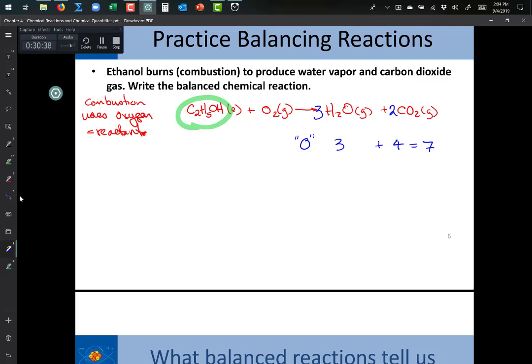Okay, so then what you're going to do is say, I need 7 oxygens. Now, there's 1 already here, right? And I don't want to mess with that one because that's in a compound that's already balanced. So how many more do I need? 6. So how many O2s do I need? 3, like that.